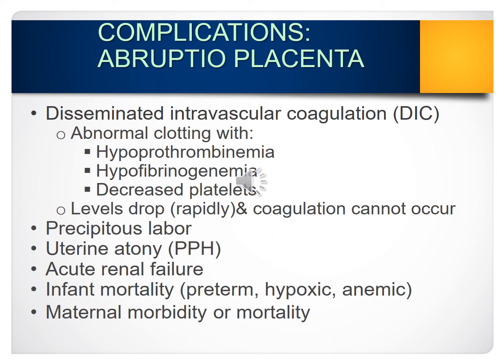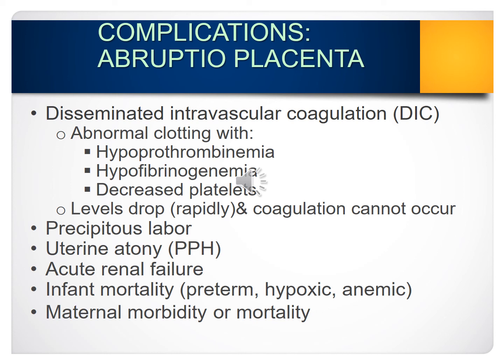Here, complications associated with placental abruption or abruptio placentae. DIC is common. She's going to deliver. A woman may deliver precipitously. So if a woman delivers very quickly, the uterus may just come with the baby.